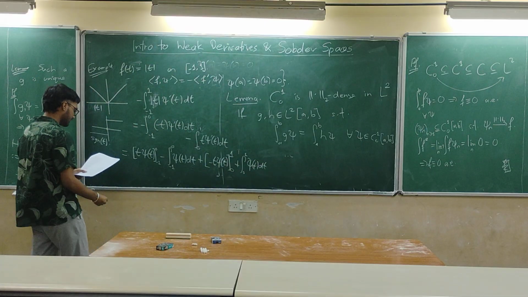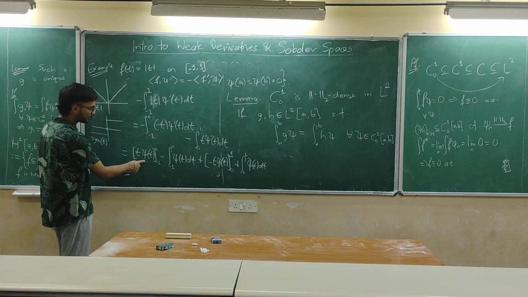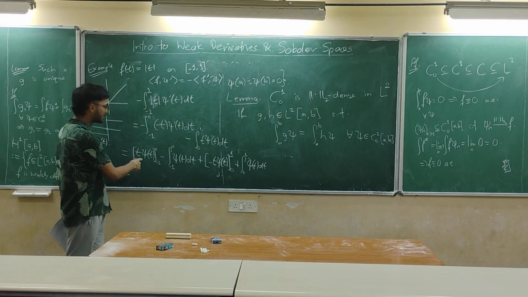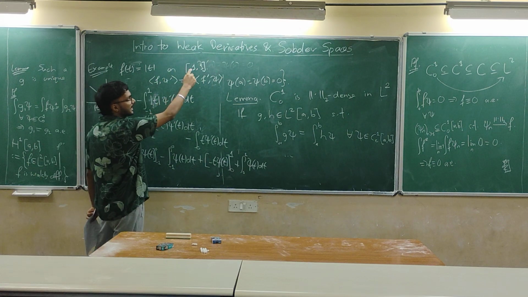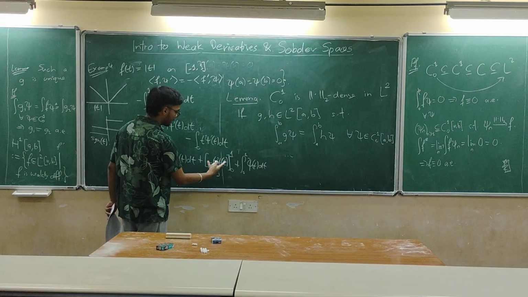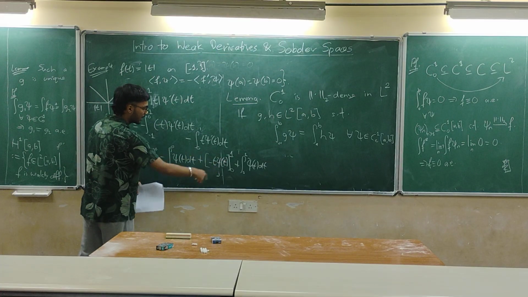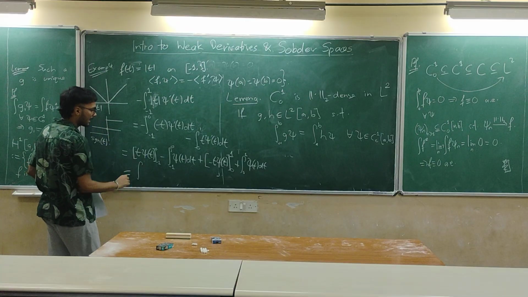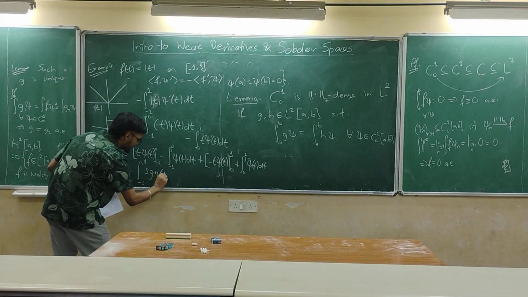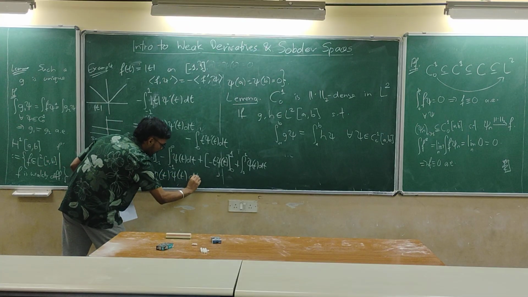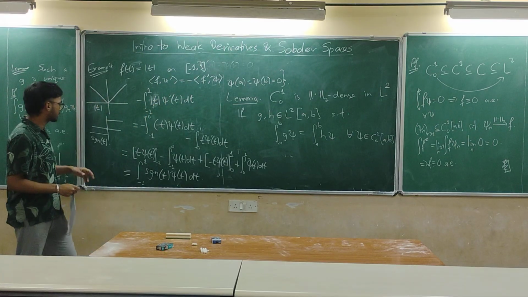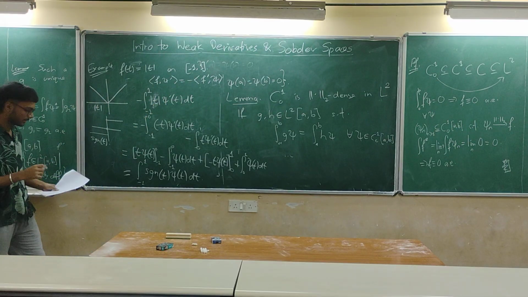So this evaluated at 0 cancels out with this one evaluated at 0, and since psi is a test function, it must vanish at the ends. Psi of -1 is 0, psi of 1 is 0. So at -1 this term is 0, at 1 this one is 0. So we have this term plus that term, which I can rewrite as the integral from -1 to 1 of sign of t times psi(t) dt, and taking the negative sign here and here gives me exactly sign t. So this shows that the sign of t is the weak derivative of mod t.